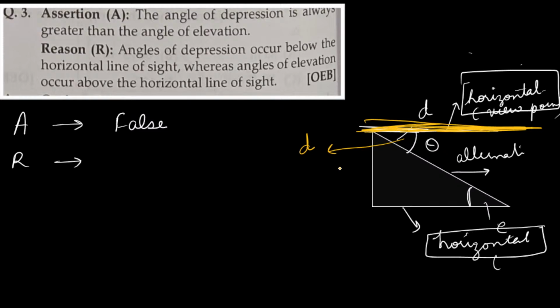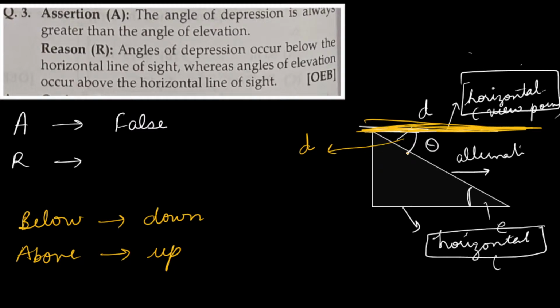Do you think it's below the horizontal line? Below means down. Above means on top of that, up. So this is the angle of depression. Depression is below the horizontal line.